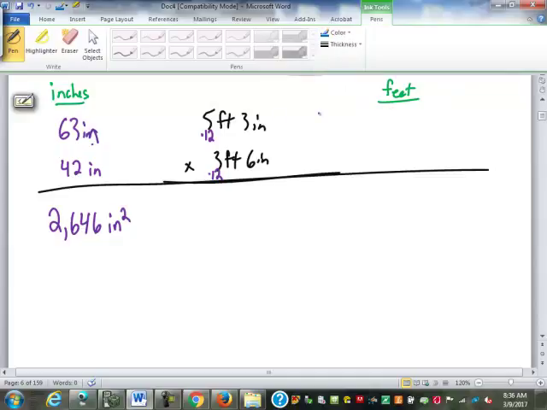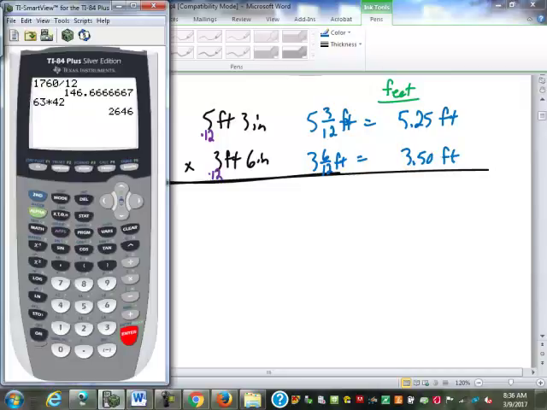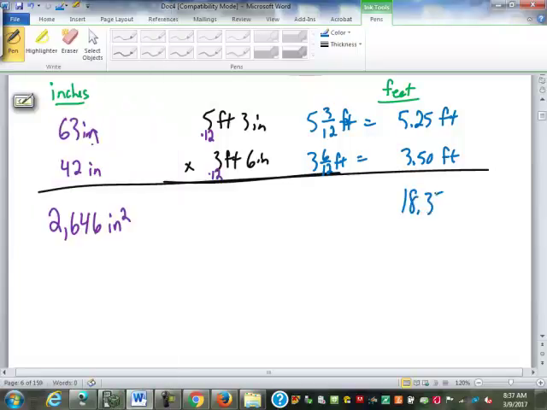Over here, how do I turn this all into feet? Well, 5 feet 3 inches is 5 3/12 of a foot, or 5 1/4, or 5.25. 3 foot 6 inches is 3 6/12 of a foot, or 3.5. 5.25 times 3.5, 18.375 square feet.